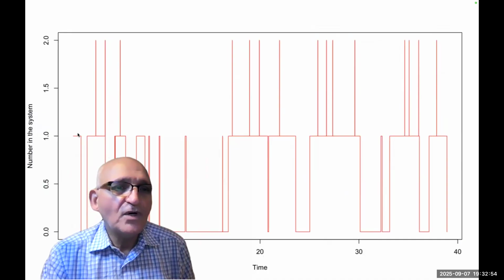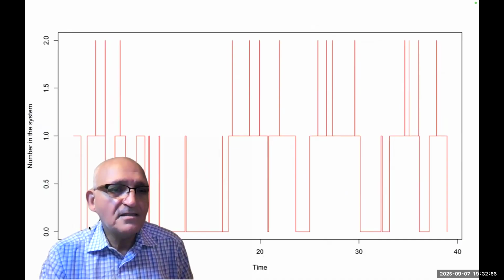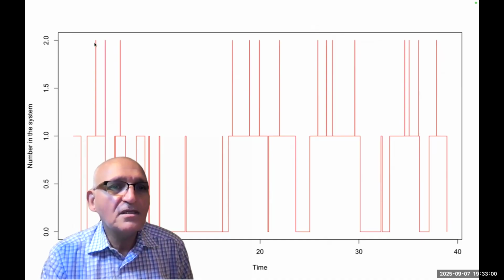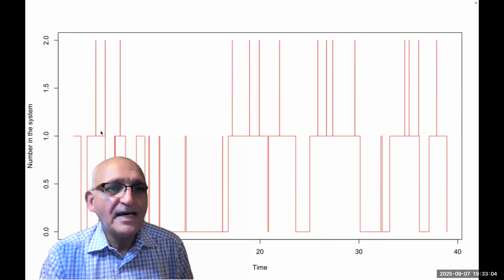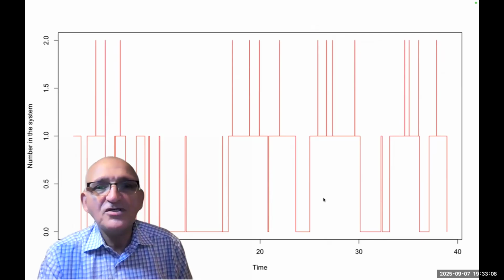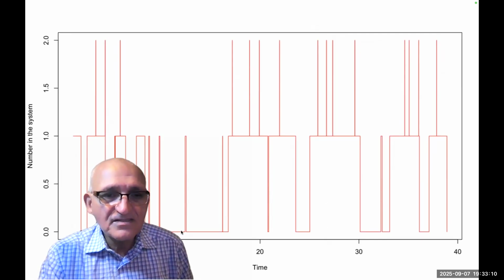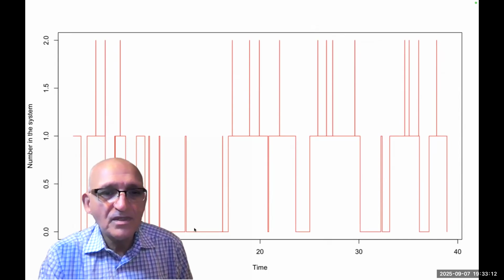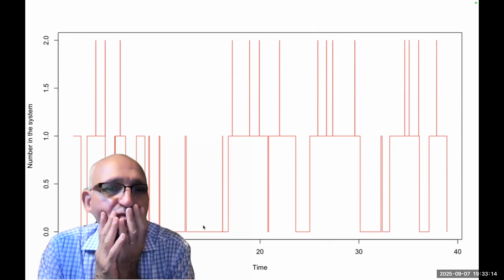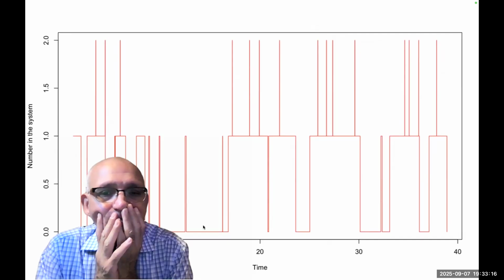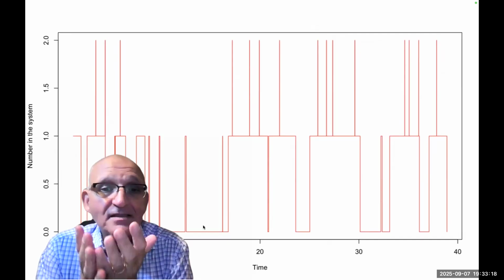Okay. So I had one customer and then my server was idle for quite a bit, and then one, and then back to two, and then back to one, back to two, zero, and then one, and so on and so forth. All these values at the bottom are where the server was idle.